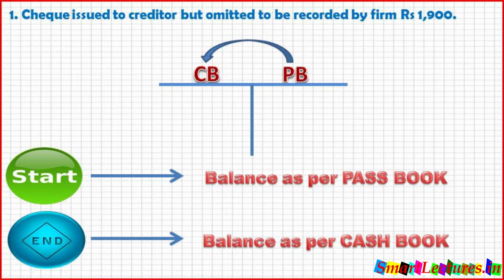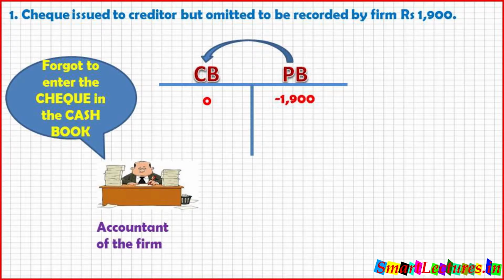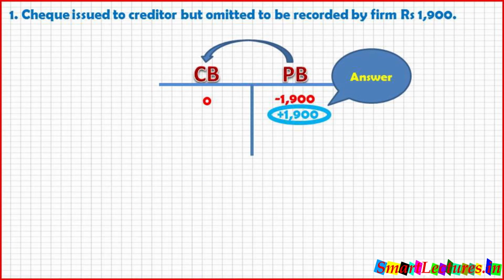So passbook was showing minus 1,900 and cash book was showing nothing, because the accountant forgot to enter this check in the cash book. So what should be added or deducted from the passbook that the total on both sides is 0? That will be plus 1,900.